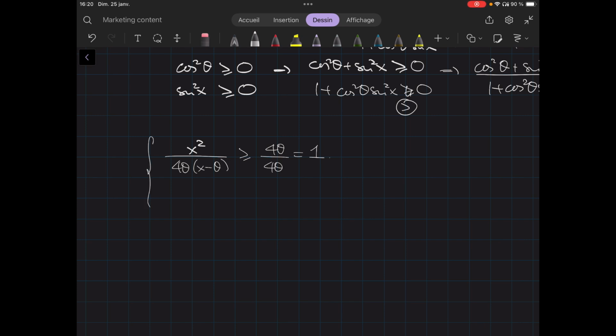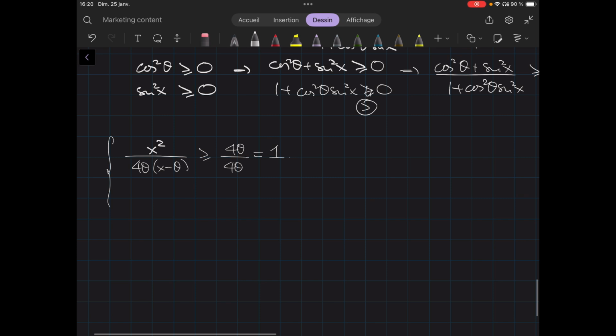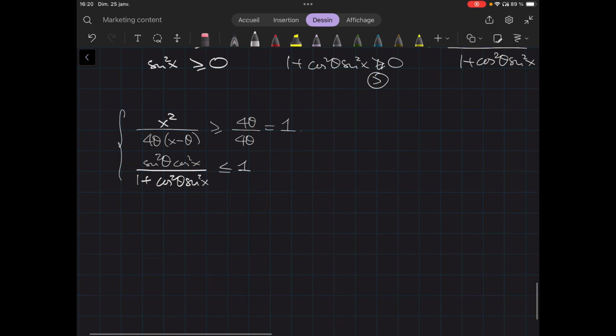On the other hand, we just showed also that sine squared theta cos squared x divided by 1 plus cos squared theta sine squared of x is less than or equal to 1. The left-hand side is equal to the right-hand side if and only if they're both equal to 1.